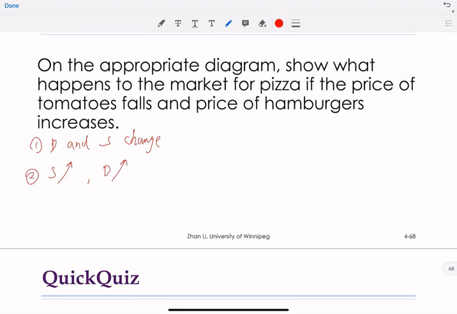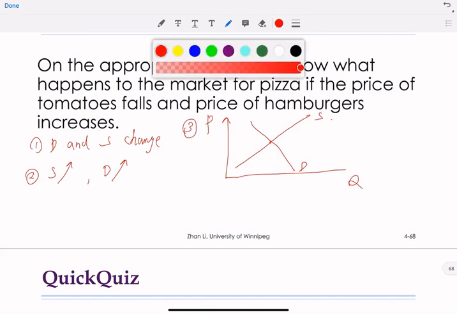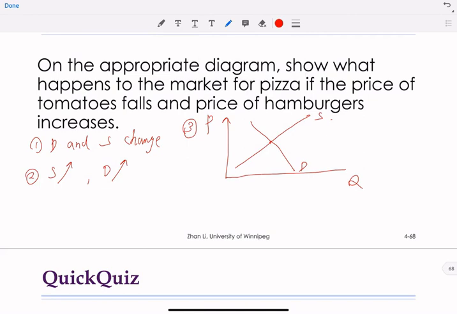And now the third step is we combine these two changes, right? So we have quantity here and price here. Now let's say this is the initial price, D and S. And now we have the shift of curves.